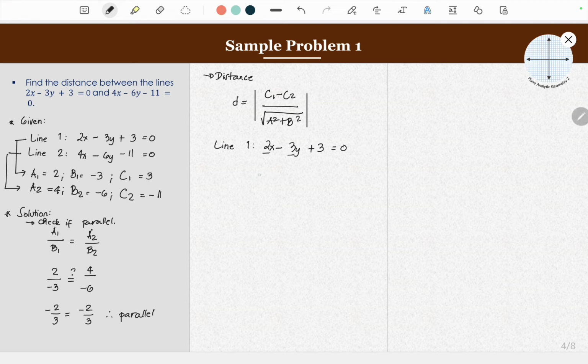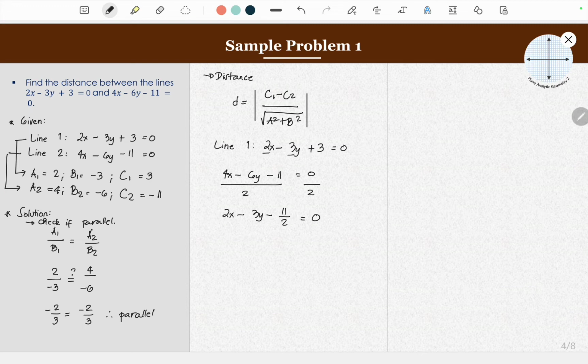Equation 2 is 4x minus 6y minus 11 is equal to 0. Dividing both sides by 2, the result is 2x minus 3y minus 11 over 2 is equal to 0. Now our line 2 has equal A and B with that of line 1.